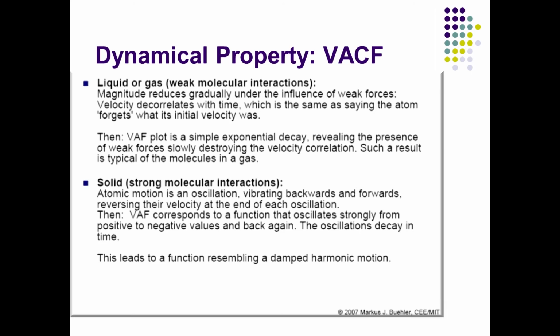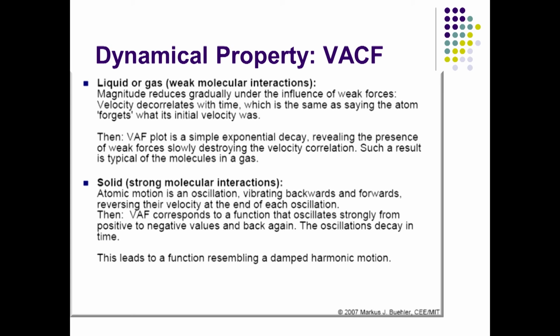That is what you are looking at, the velocity correlation going positive and negative, and oscillating around a particular correlation function. So, the velocity autocorrelation corresponds to a function that oscillates strongly from positive to negative values and back again, and the oscillation decays over time. So, you are looking at damping of the correlation function.